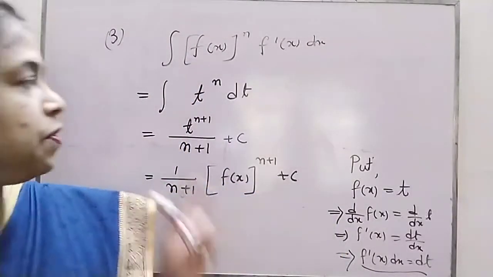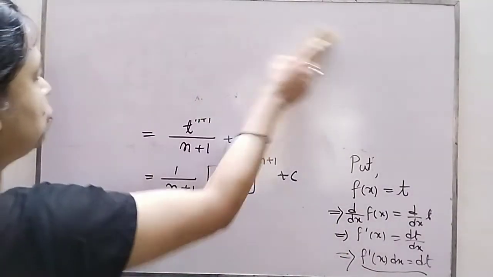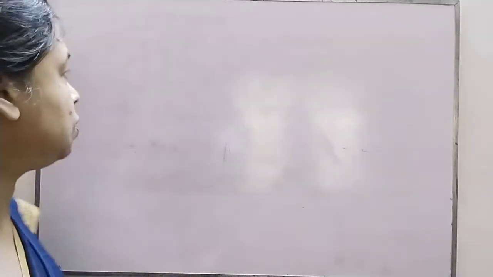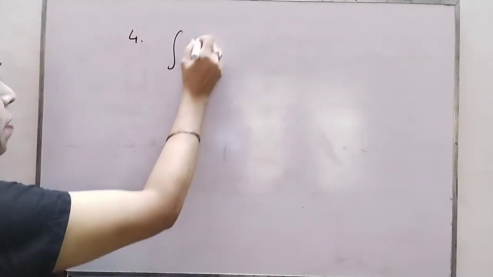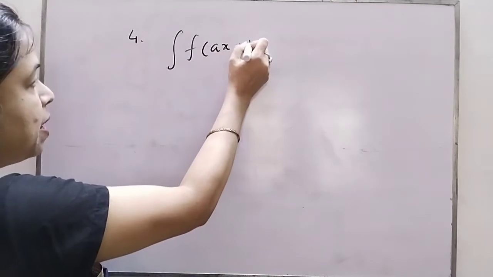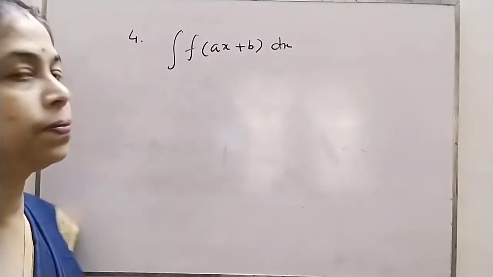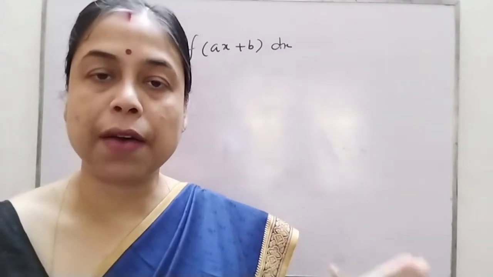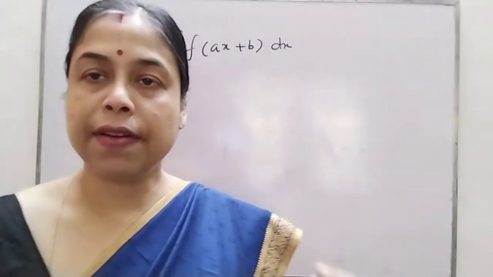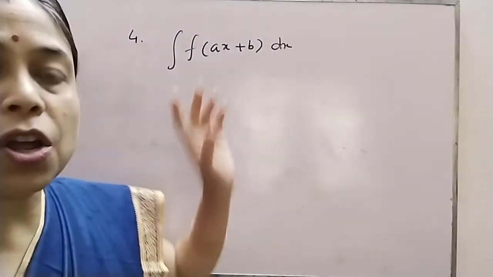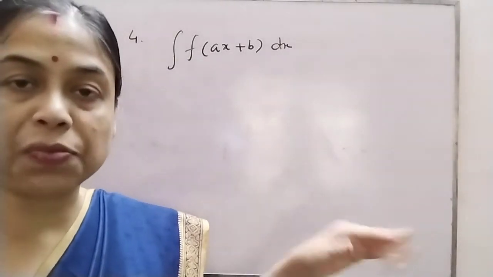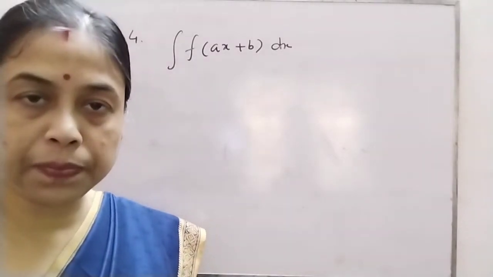Sometimes this type of thing may arise. One more form I am just going to give you, and some forms will become clear when we do problems. Say the question is of this form: integration of f of ax plus b into dx. Here, if you see the question, the derivative of fx is not present, because the derivative would be f dash x, which is not in the integrand.